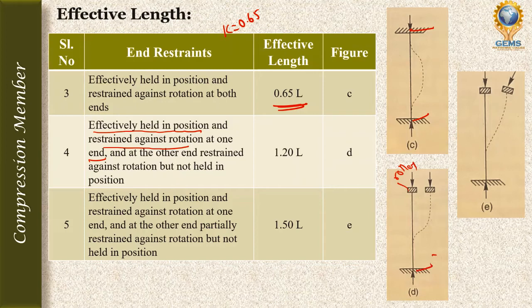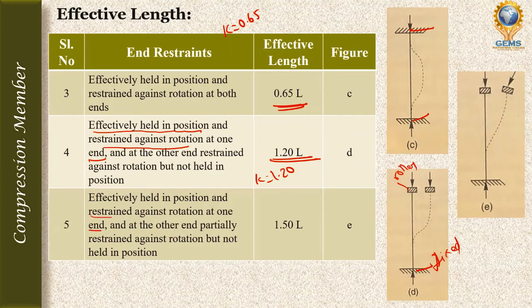Fixed means both rotation and translation are restrained. But in the roller condition, it is restrained against rotation, but it is not restrained against position. It will move. So here the K value is equal to 1.20, so KL is 1.20 into L.